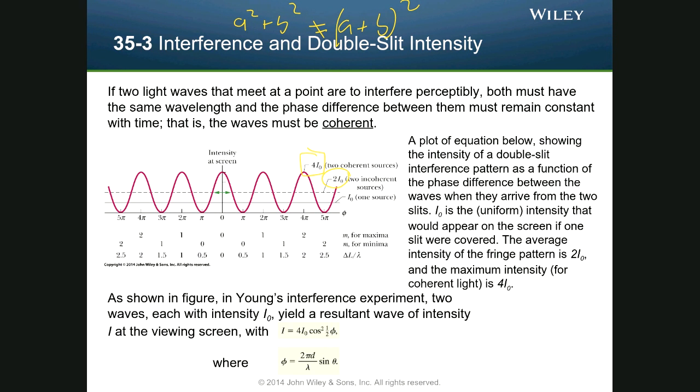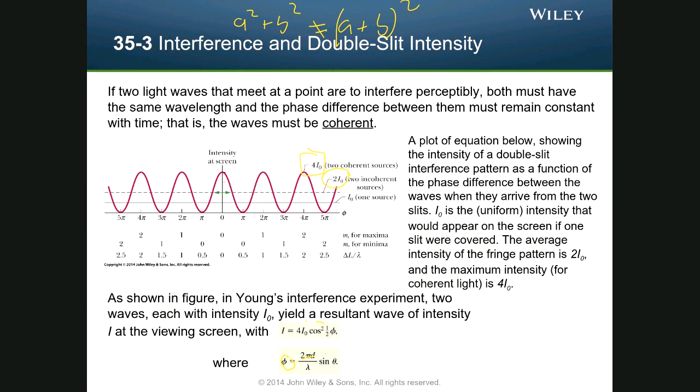But again, this happens only when that phase difference doesn't change over time. It's a fixed phase difference. So the intensity will be equal to 4 I naught times cosine squared of one half phi, where phi is again this 2 pi d over lambda sine theta part.